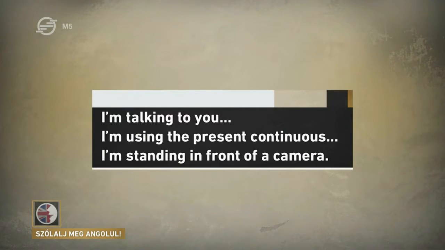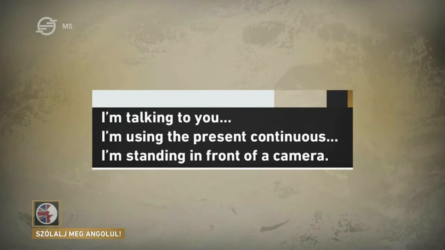Look at the sentences I said. I'm talking to you. I'm using the present continuous. I'm standing in front of a camera. Okay, so we can see that the present continuous is made up of two parts, I'm and ing.